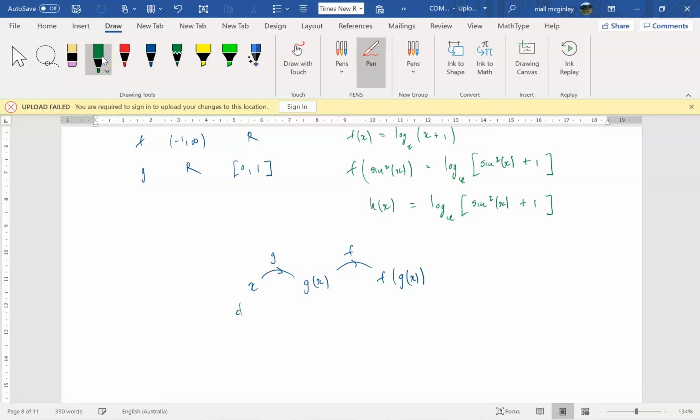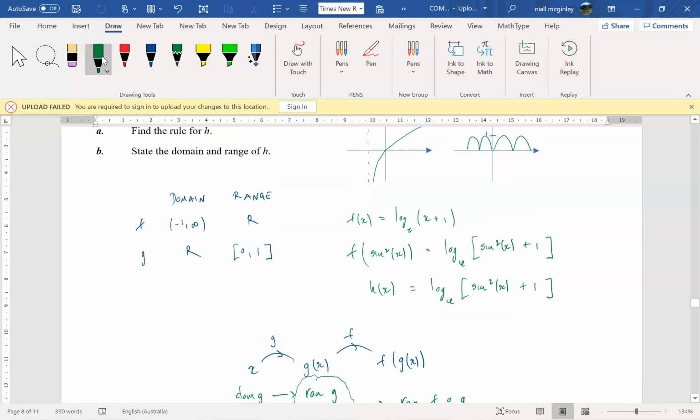So we start with the domain of g for the first part of the composite function. That will give us the range of g. Then the domain of f will map to the range of f of g of x. This is the important bit, which will decide whether it exists or not.